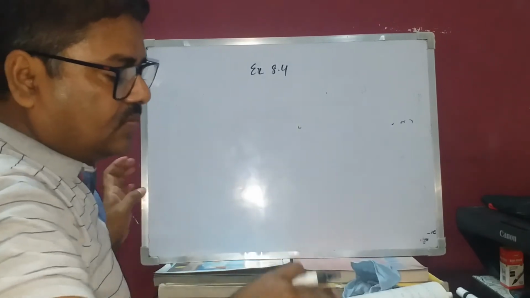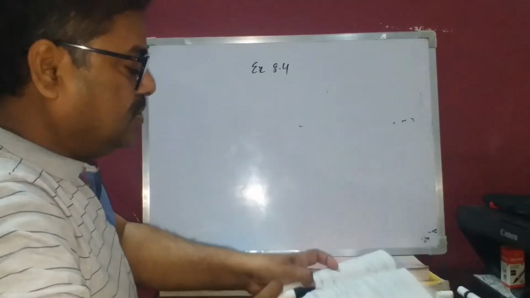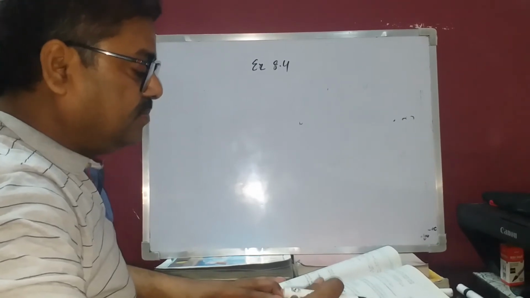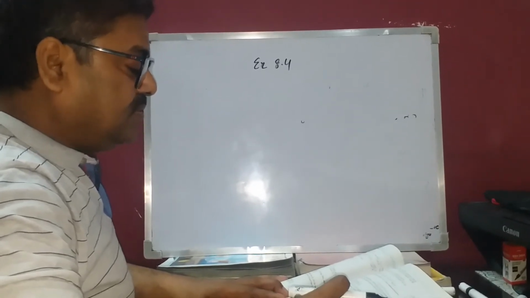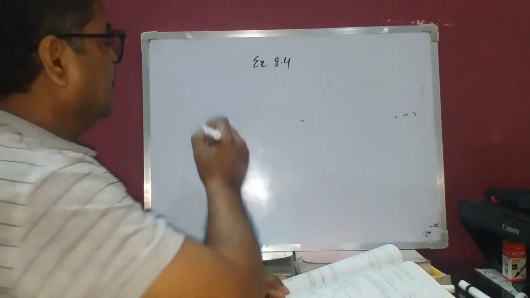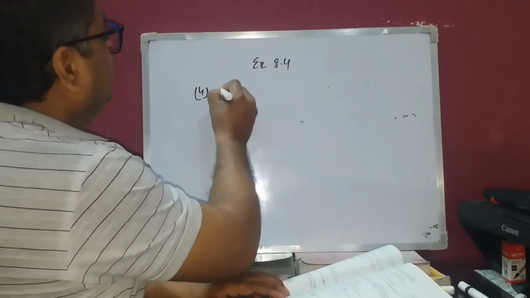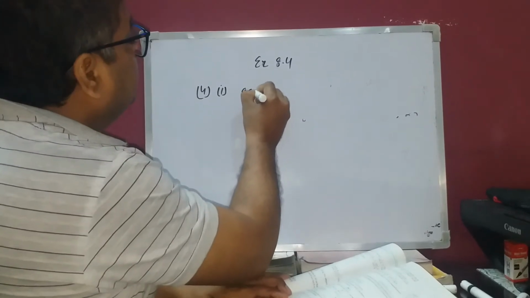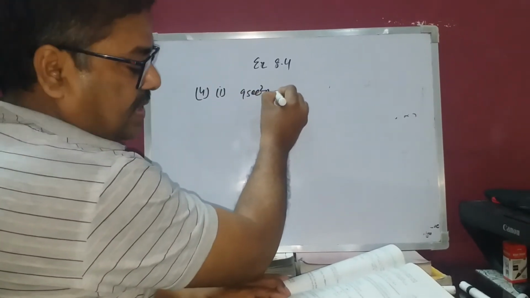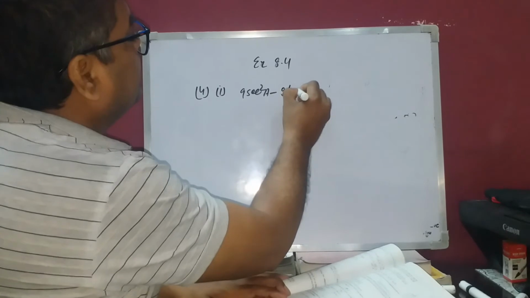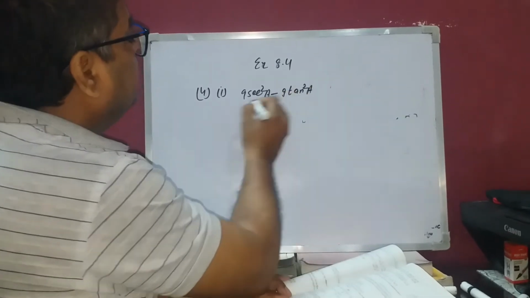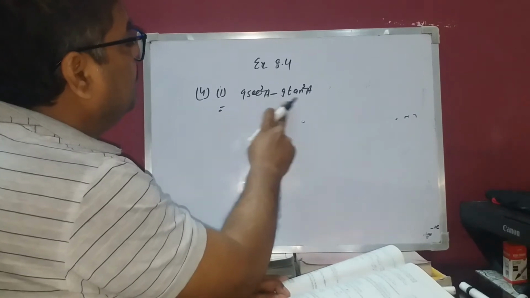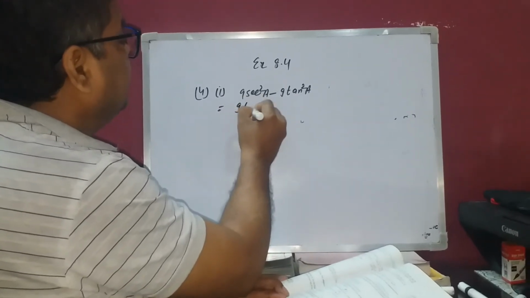Now we will do question number 4. In question number 4 we have 4 sub parts, so we will do this question one by one. The first is 9 sec square A minus 9 tan square A. Here you are getting 9 as common in both the terms, so you will take 9 as common.